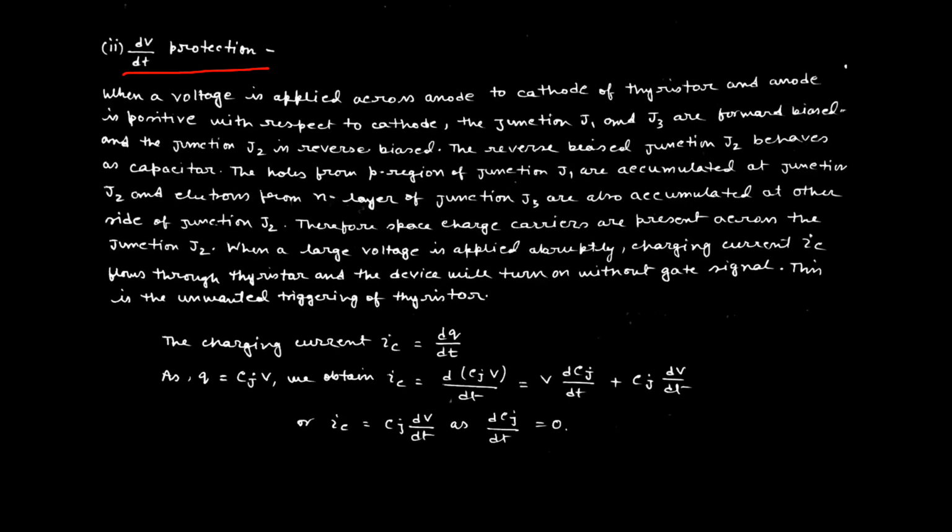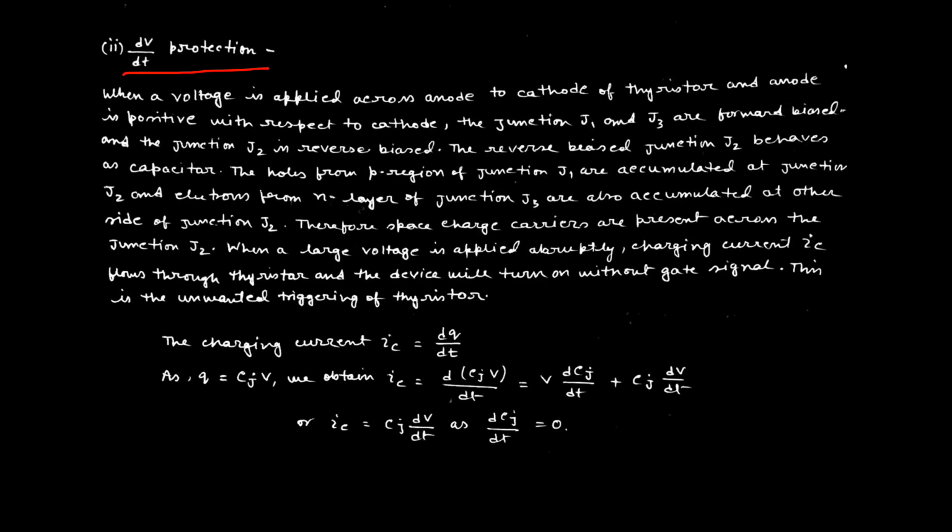Therefore, space charge carriers are present across the junction J2. When a large voltage is applied abruptly, then the charging current Ic flows through the thyristor and the device will turn on without a gate signal. This is actually unwanted triggering, and it is defined by this expression.